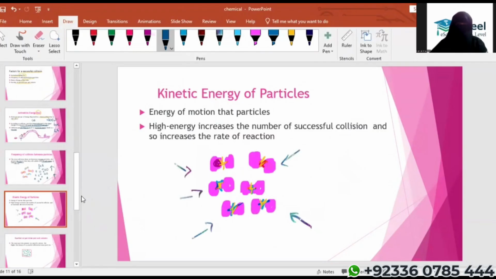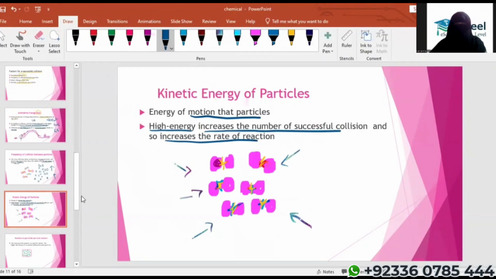Next is the kinetic energy of particles. Kinetic energy is the motion that particles have. If there is high energy, it will increase the number of successful collisions and thus will increase the rate of reaction.